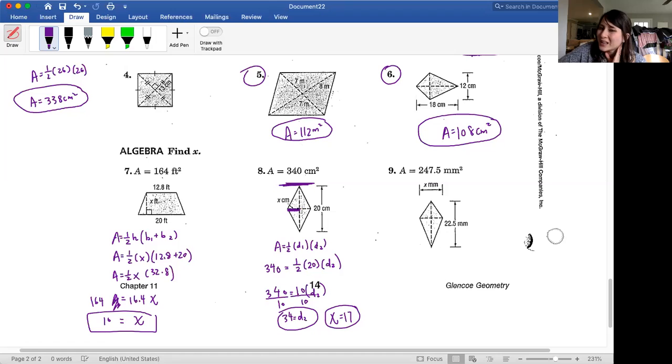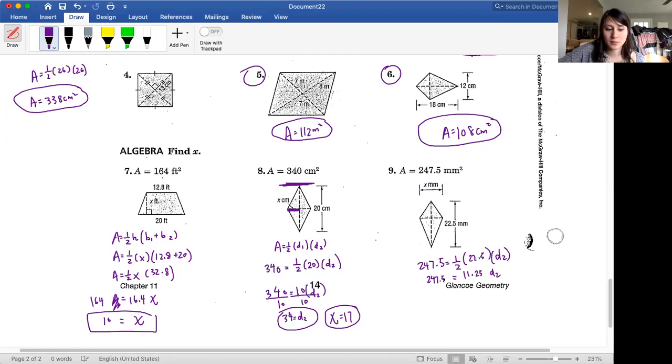Okay. Number 9, the area is 247.5, and we're going to use the same equation because it is a kite. So I'm going to do 22.5 times diagonal 2, which I don't know. I'm going to multiply 22.5 by 1/2 and combine that so I don't have as many numbers to work with, which gives 11.25.